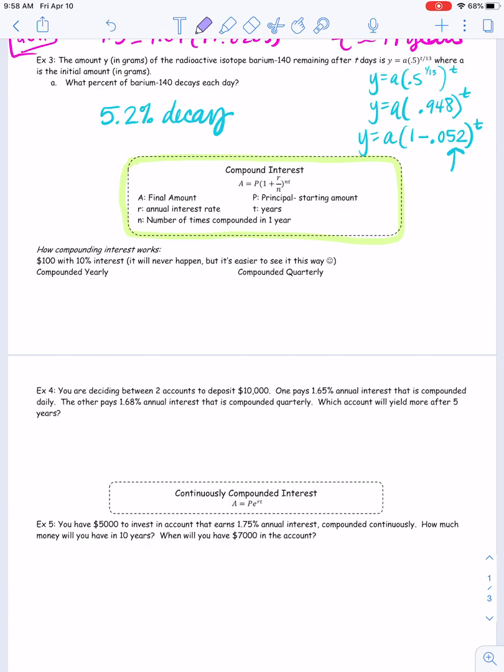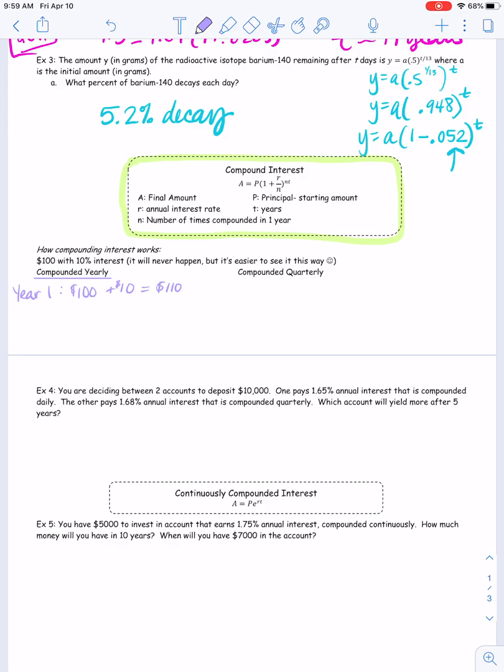So what is that going to look like if it's compounded yearly? Well, let's take it year by year. In year 1, we have our $100, right? And then 10% interest. Well, what's 10% of $100? That's $10. So we get our $100 plus our $10 of interest, giving us a total of $110 at the end of year one.